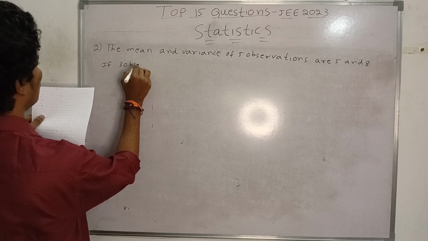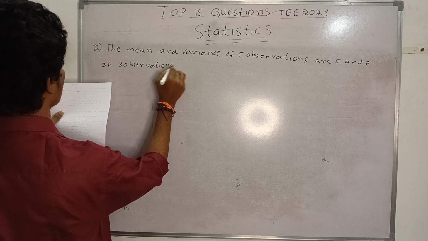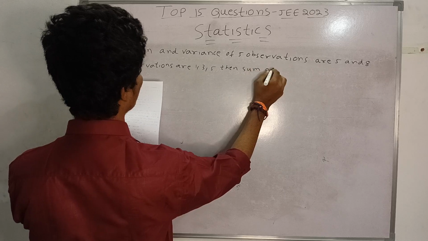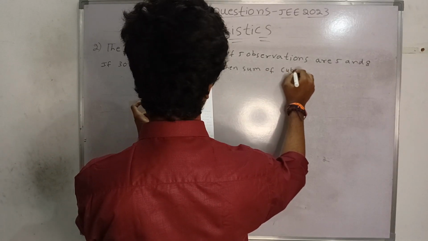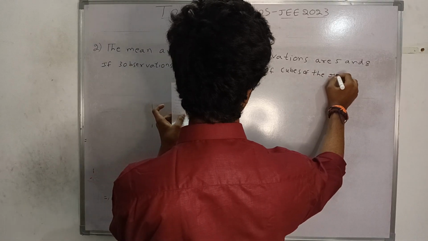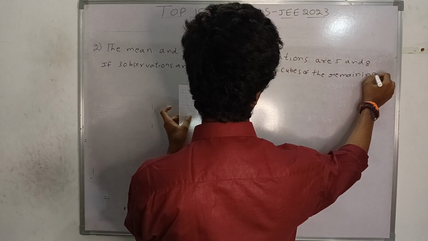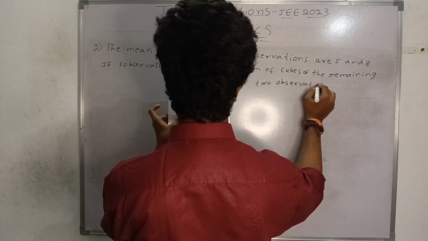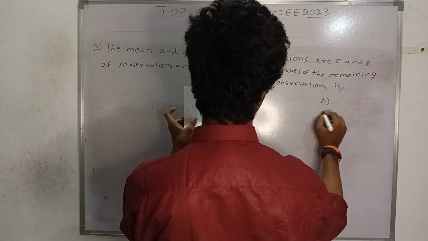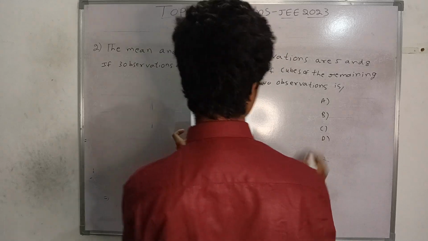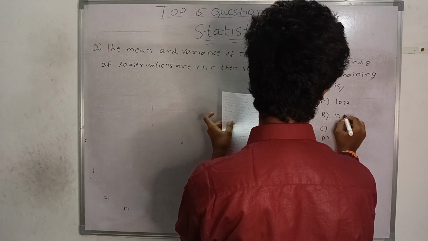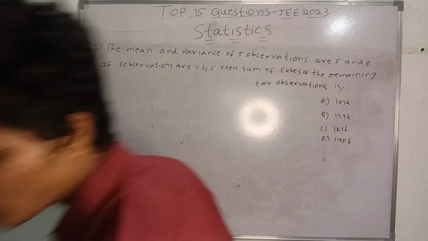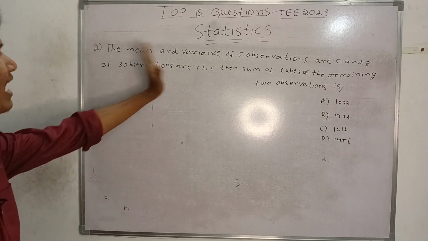If 3 observations are 1, 3, 5, then find the sum of cubes of the remaining two observations. They have given four options A, B, C, D: 1072, 1792, 1216, 1456. So basically they have given the mean and variance of 5 observations.